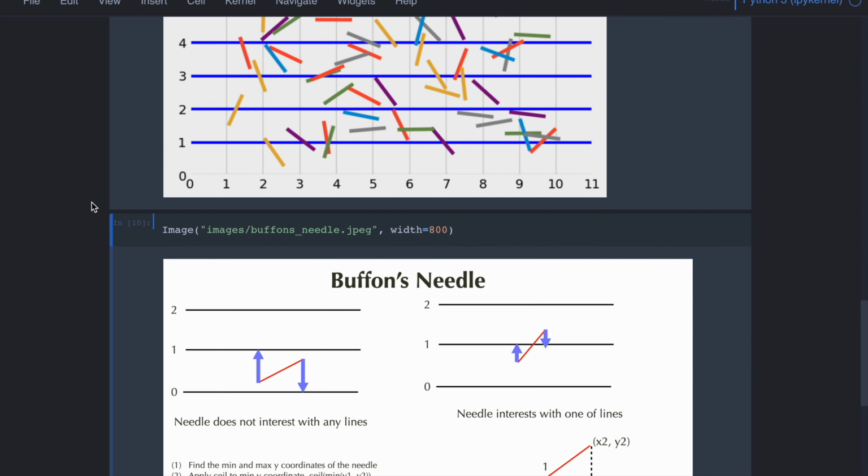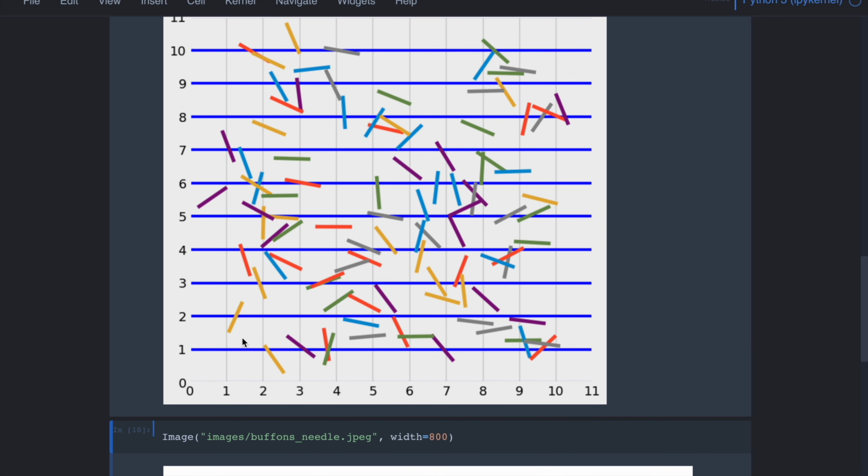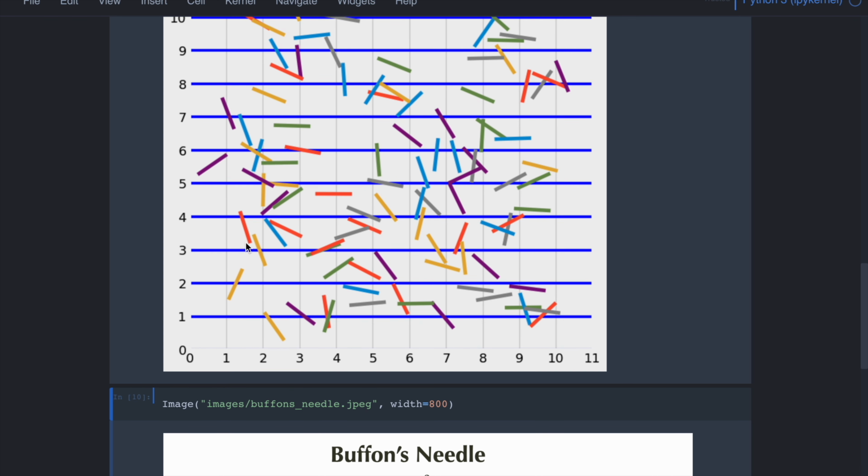All right. Simulating this plane is easy because all we have is these imaginary horizontal lines separated by a distance of 1 unit. So these lines are at, let's say, 0, 1, 2, 3, 4, 5, 6, and so forth. Now we need to generate these Buffon needles, which means we need to generate two coordinates.